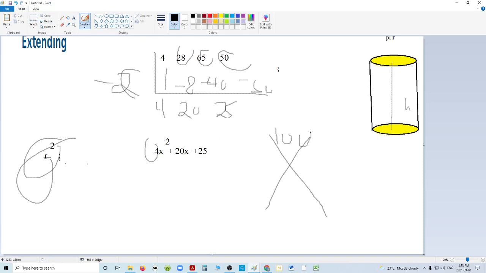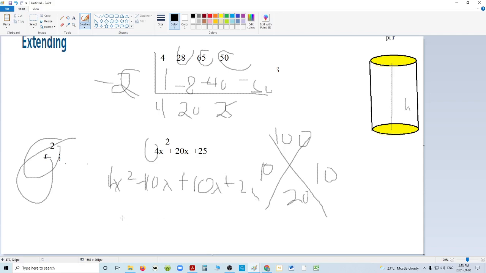Is there a number multiplying out to 100 that adds up to 20? 10 and 10. Interesting. That will add up to 20. Great. Now I can use the slip and slide or factor by grouping. Factor by grouping is like this: 4x squared plus 10x plus 10x plus 25.